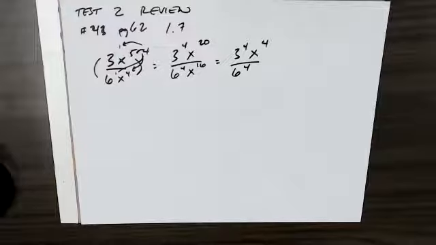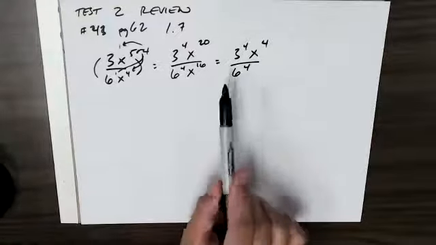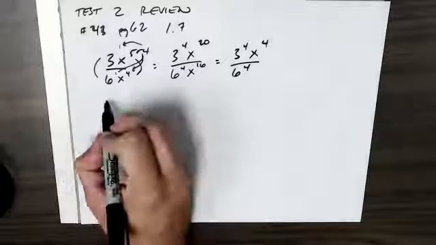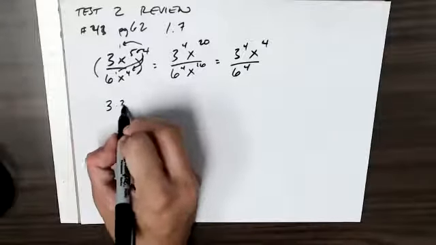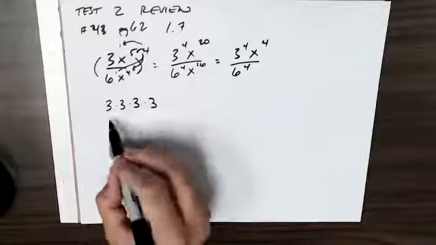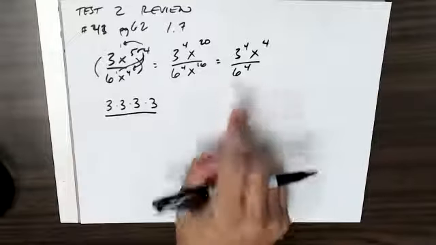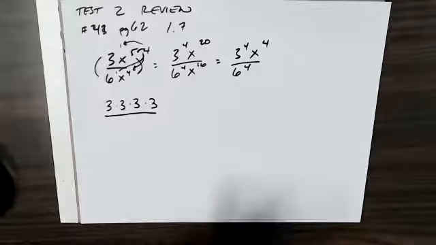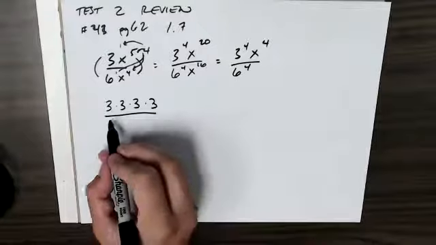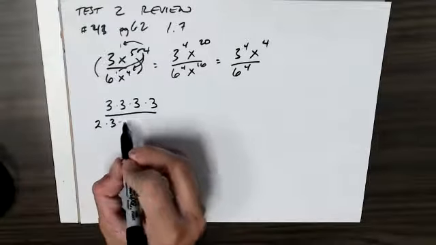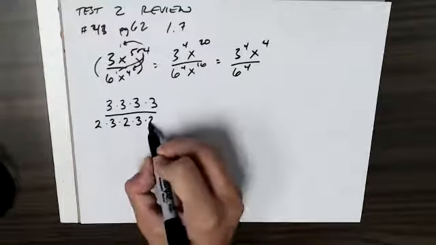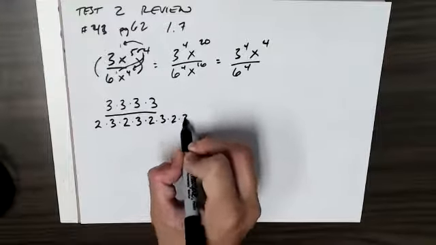But I'm going to show you a long way to do this by hand, because it's such a big number. The long way is to think of what this actually is. I'm going to do it underneath here. 3 to the 4th is 3 times 3 times 3 times 3, right? Now 6 I know is 2 times 3, so really what I have is 2 times 3 times 2 times 3 times 2 times 3 times 2 times 3.